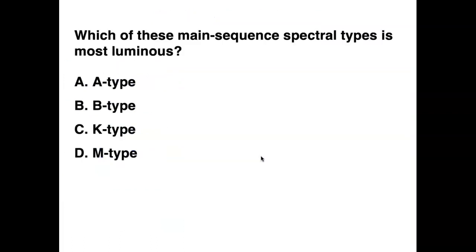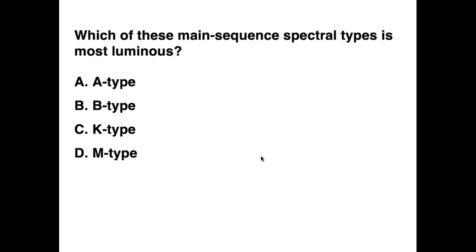Okay, just some questions to get you a little practice. All right, which of these main sequence types of stars is the most luminous? Which ones are the brightest? The A, the B, the K, or the M types? It's the B types, right?